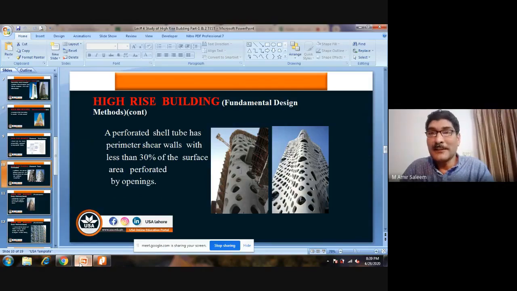It looks nice, it looks beautiful. In the holes and perforated areas, we use glass or any other decorative elements. So we use the tube in a rigid frame as we discussed, but to reduce the weight, and the most important, the cost.